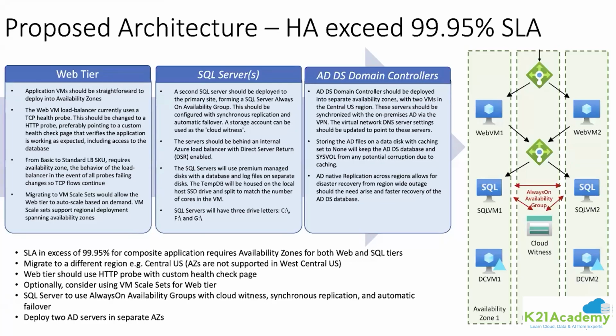Now, here, what we are expecting is that AD domain controller service which is required, right? So those two servers are also deployed in availability zone. Okay, so domain controller should be deployed into separate availability zones with two VMs in the Central US region. These servers should be synchronized with on-premise AD via the VPN. The virtual network DNS server settings should be updated to point to these servers.